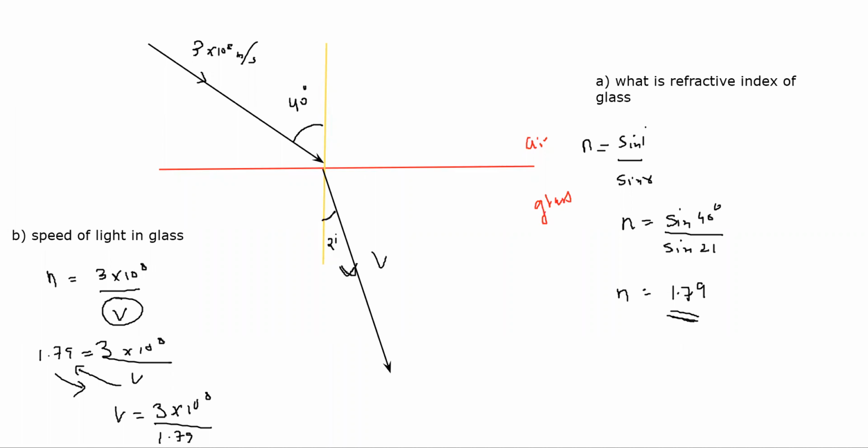It's 1.675, so 1.6 into 10 to the power 8.